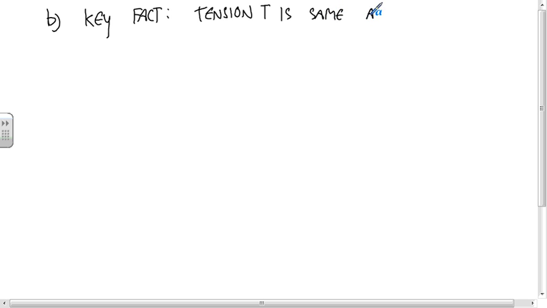So now we're going to figure out the force on the hook by the cable. And the key fact that we can use here, for part B, is that the tension T is the same all the way along the cable.